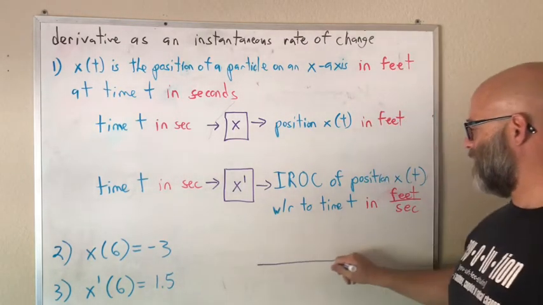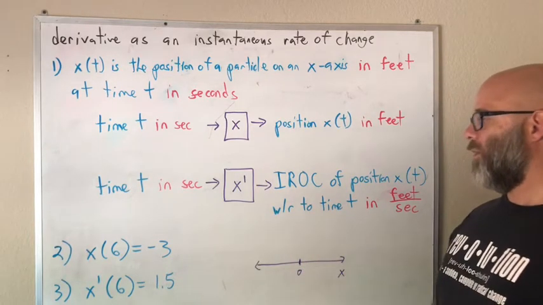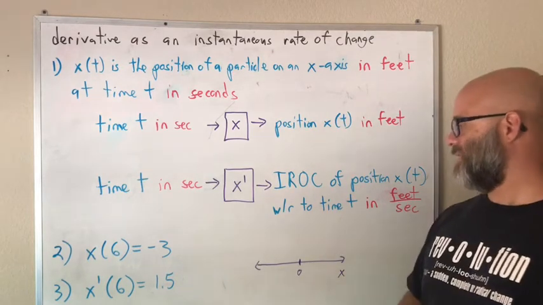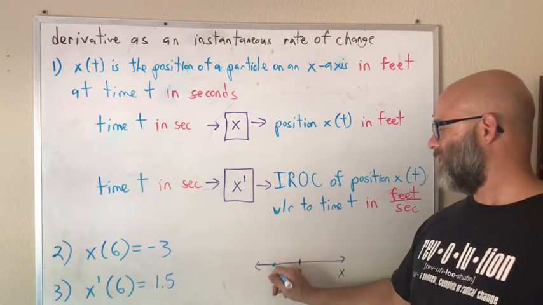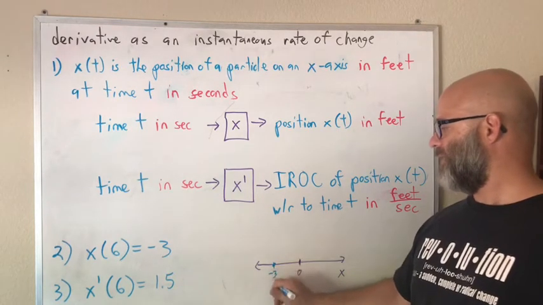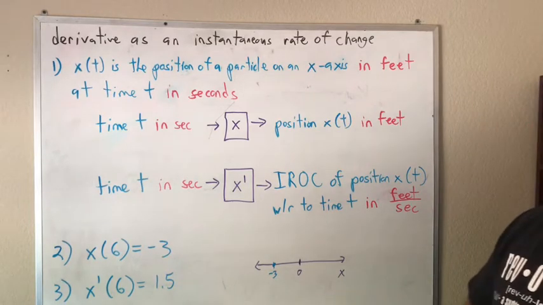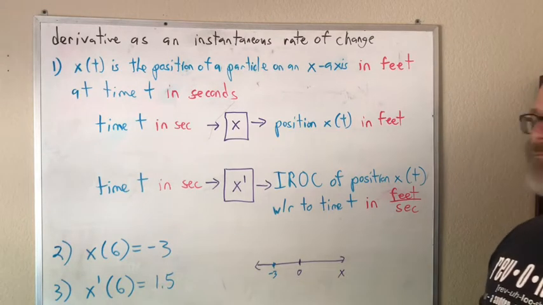Well, if here's an x-axis, and we'll say this is position 0, where are we going to be at time 6 seconds? At time 6 seconds, it looks like we're right here. The particle's right here at negative 3 feet.